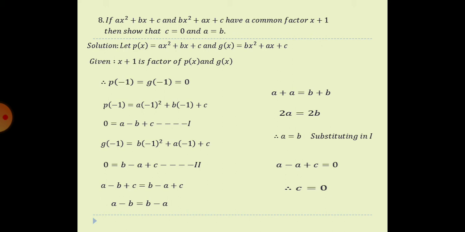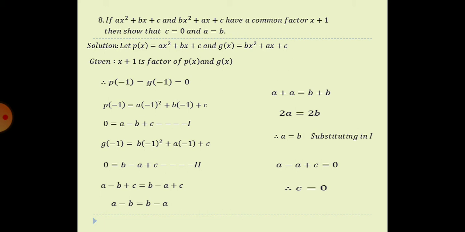Equations 1 and 2 are equal according to the given data. So we equate a minus b plus c is equal to b minus a plus c. C gets cancelled. And then what is remaining? A minus b is equal to b minus a. From the RHS, minus a will go to the LHS and become plus a. B from the LHS will go to the RHS and become plus b.